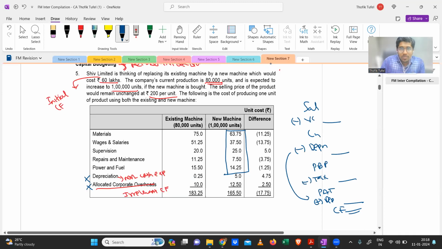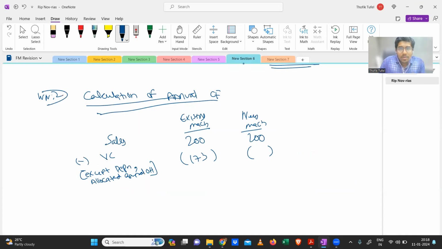I'm getting 148. This is the cost that I'm getting.